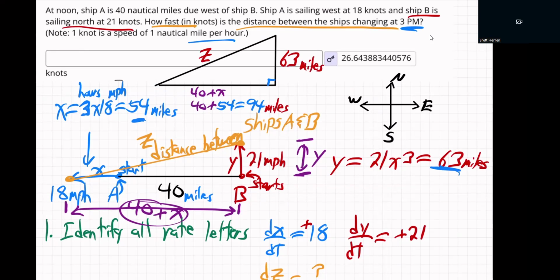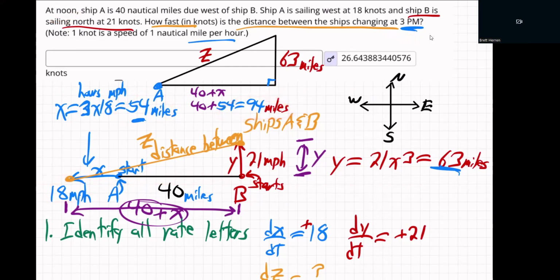So again, the bottom part: they started out 40 away, and then ship A went west for 3 hours from noon to 3, at a speed of 18 miles an hour. So it went 54 more miles west. So 40 plus 54, ship A is way over here, a total of 94 miles west.